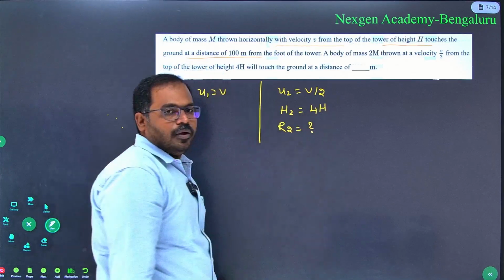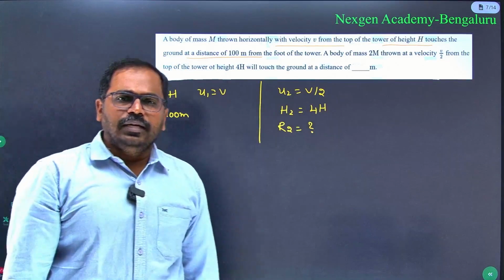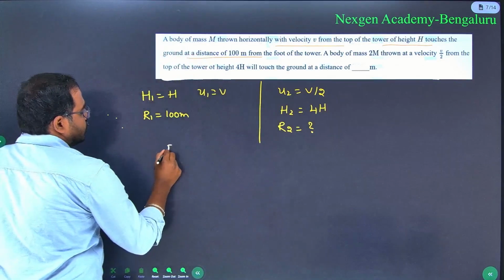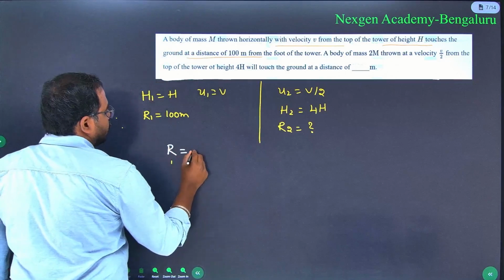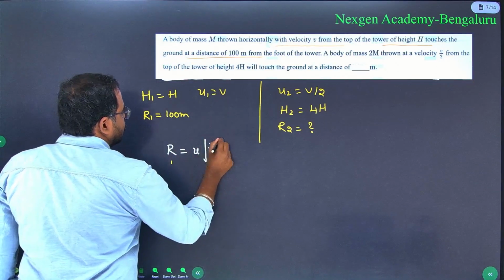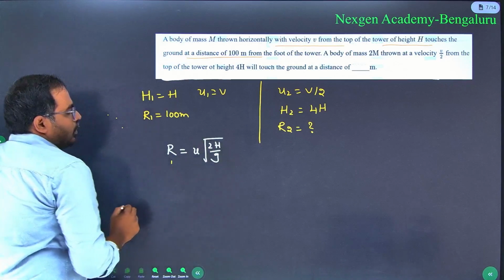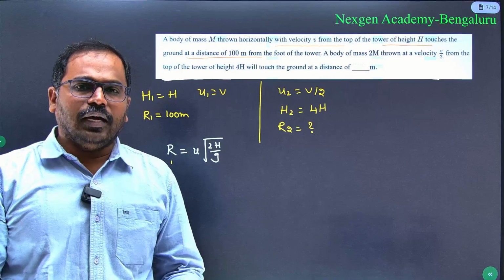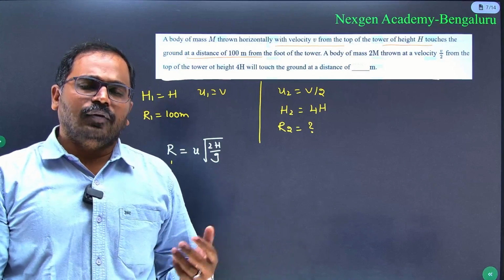Okay, right. So this horizontal range is equal to, what is the formula? R is equal to u into square root of 2h by g. So here, horizontal range depends on projection velocity and the height, that too and g however remain constant.